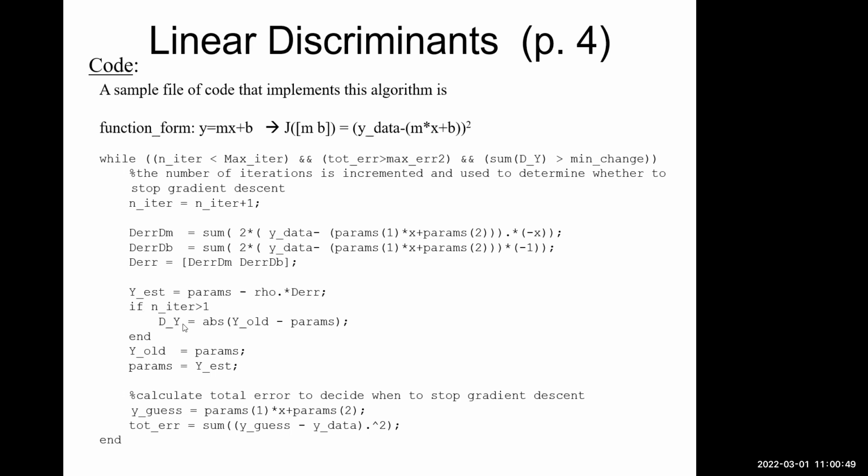Then we go through and check. If we're after the first one, we're going to figure out how much difference we had. Are we still going downhill? Are we still making a change? Have we stopped moving? We check the old values, figure out what our guess is, figure out what our total error is at that point in time, and come back up and say, are we done yet?